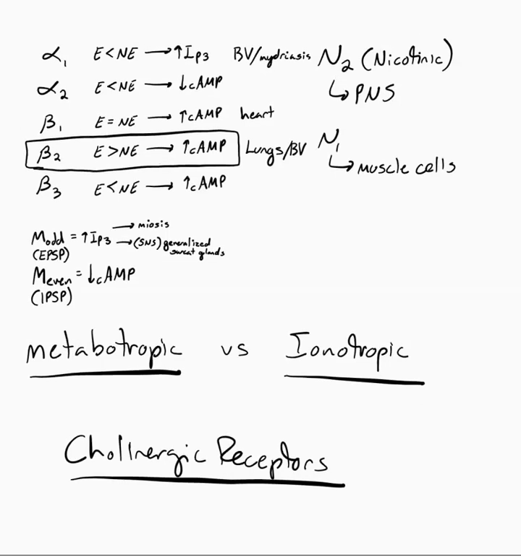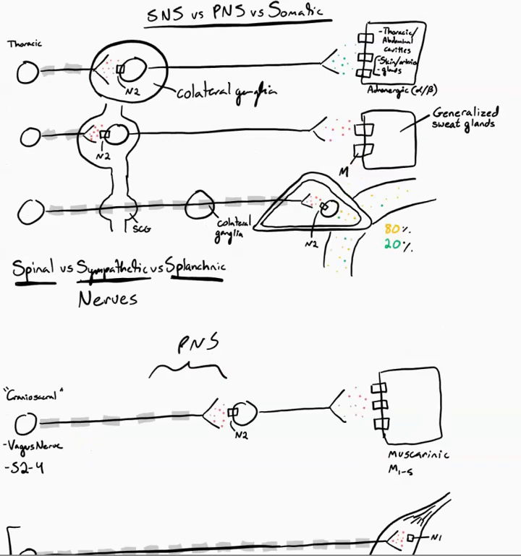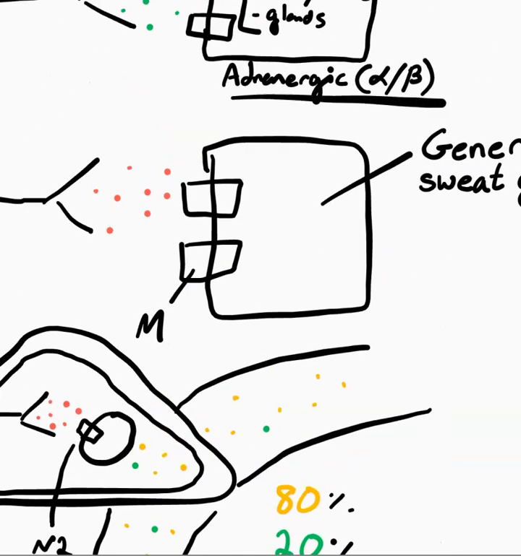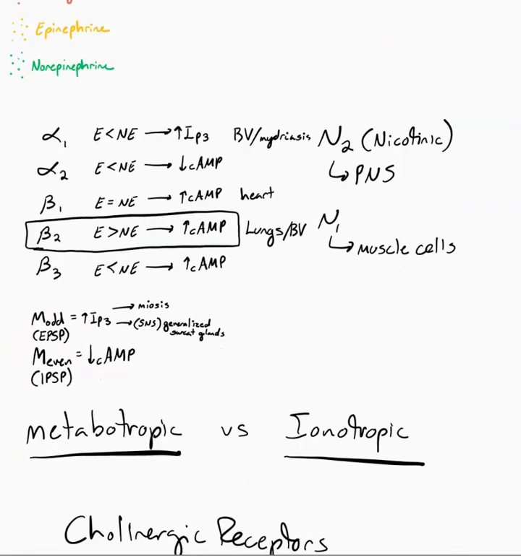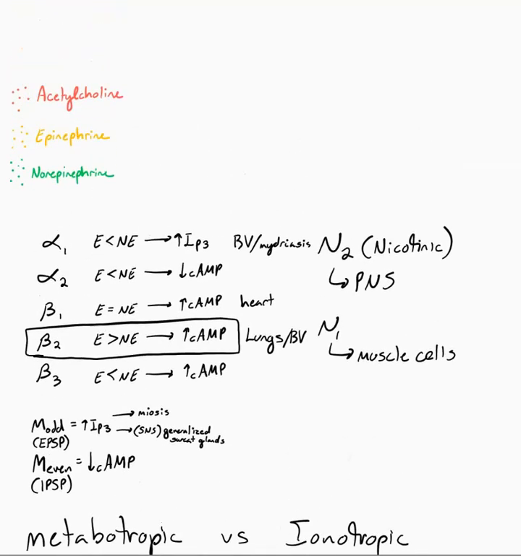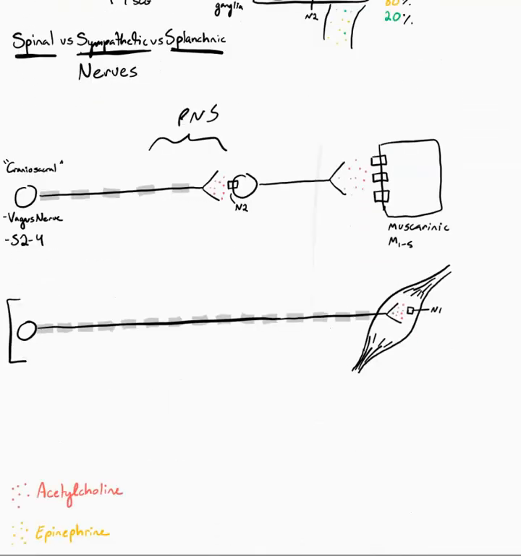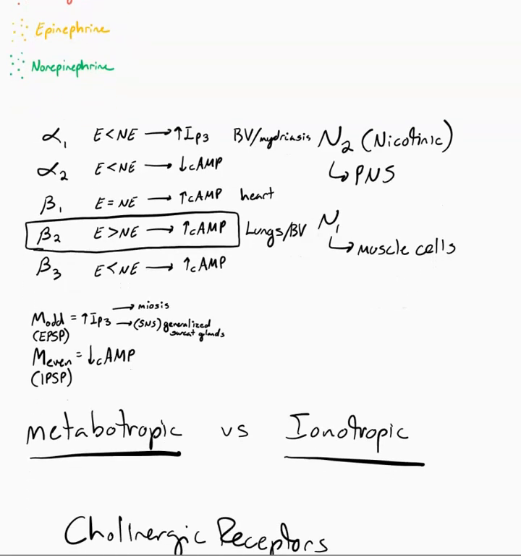Nicotinic are ionotropic, muscarinic are metabotropic, but also some of your adrenergic receptors are going to be metabotropic as well. So muscarinic receptors are both cholinergic and metabotropic, but nicotinic receptors are cholinergic and ionotropic. And then you have your adrenergic receptors, which include alpha and beta receptors, which are only metabotropic. They're not cholinergic.